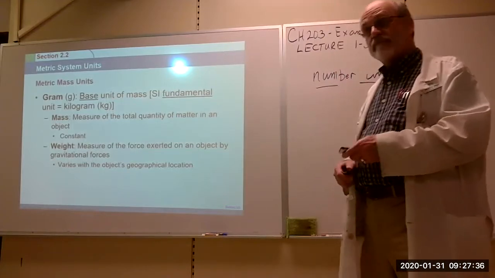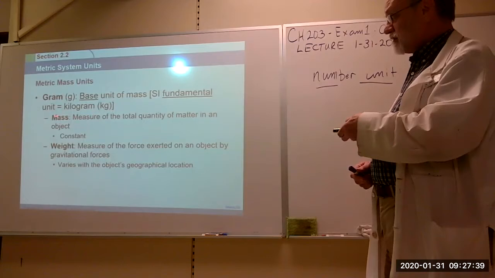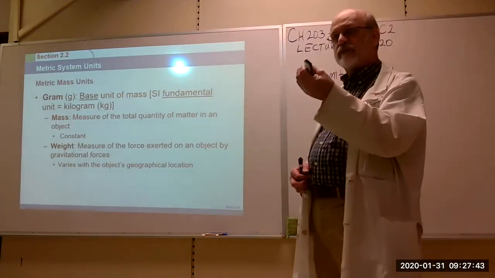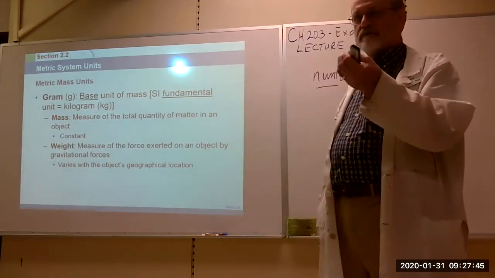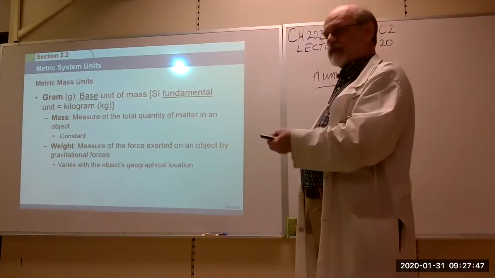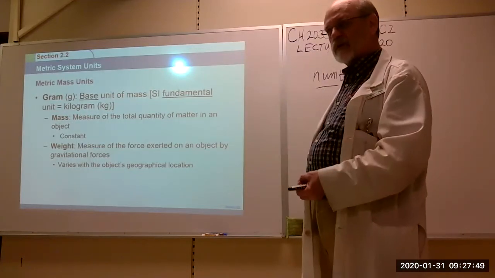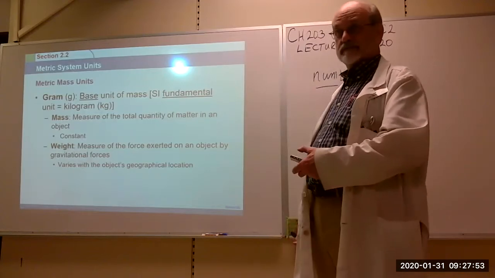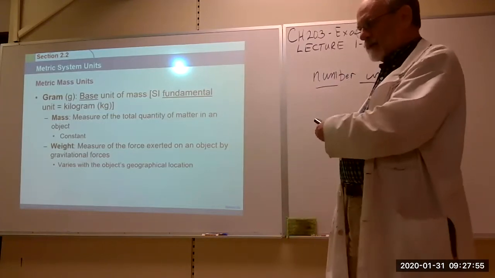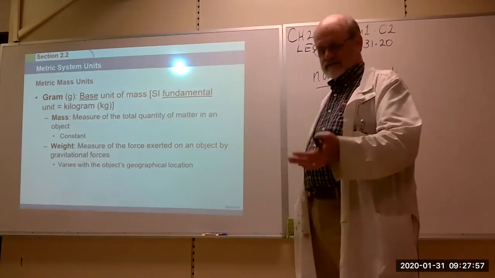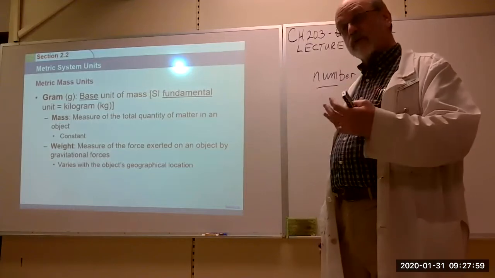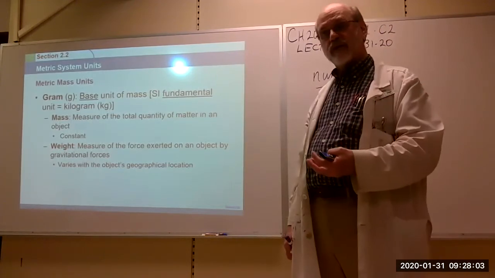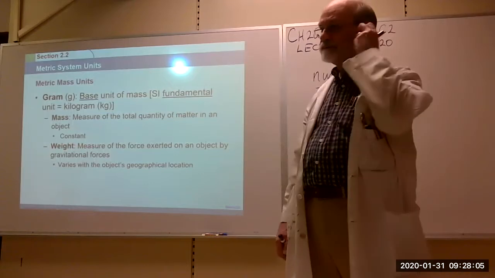The difference is that mass never changes. If you have a certain mass of something, it's the same no matter where you are in the universe. Right? So 10 kilograms on the surface of the Earth is 10 kilograms on the surface of the moon. Right? But 60 pounds, which is the measure of force or weight, 60 pounds on the Earth is only 10 pounds on the moon.